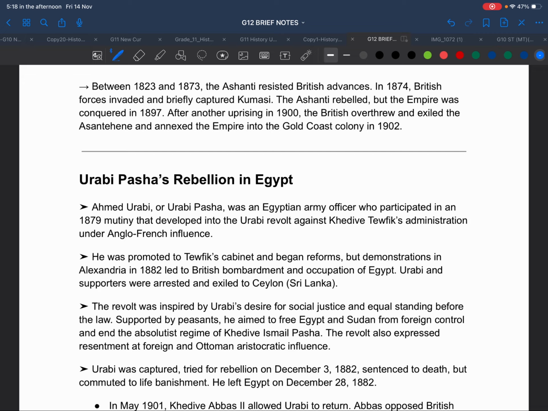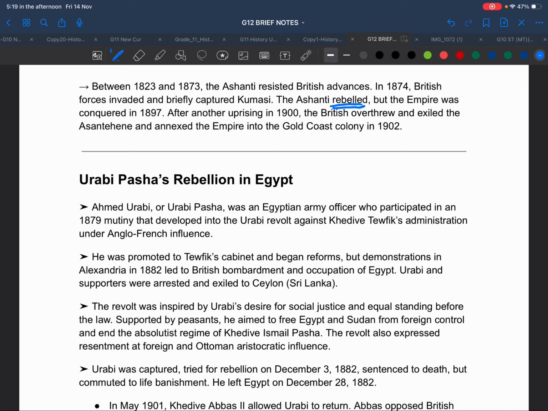The Ashanti rebelled. They stood against the British colonizers. But the empire was conquered in 1897. Even though the Ashanti resisted, they were unable to push back the British conquerors, and they failed.